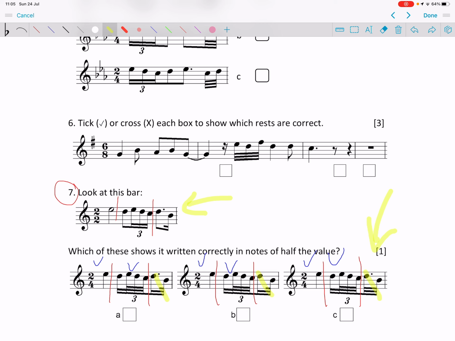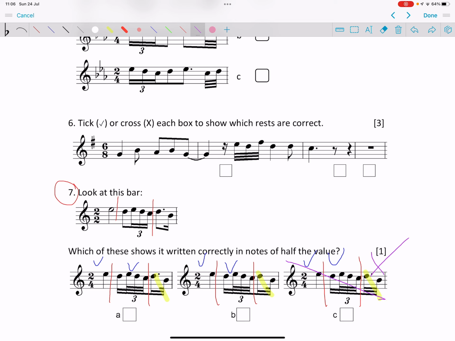In the question, we've got a dotted semiquaver and then a semiquaver. And then here, you've got a dotted quaver, demi-semiquaver, and then you've got a demi-semiquaver on its own. So you can see it's not quite right. It's uneven. So there is a problem with that one. So we're going to say, no, it's not you.